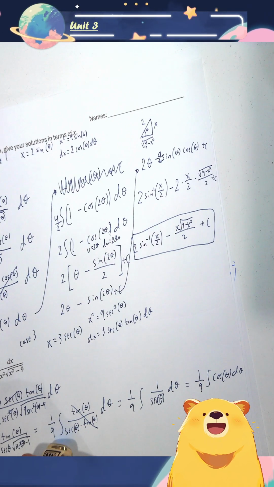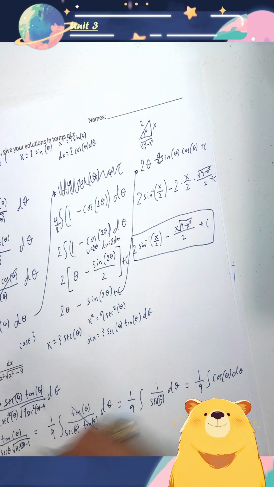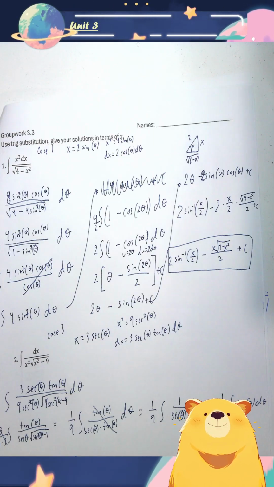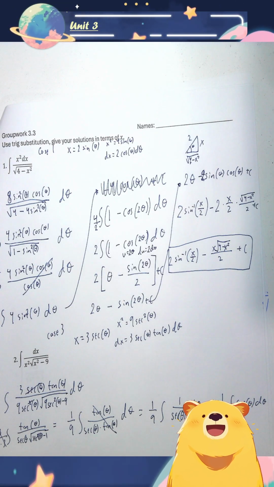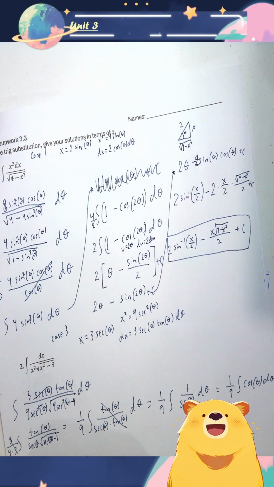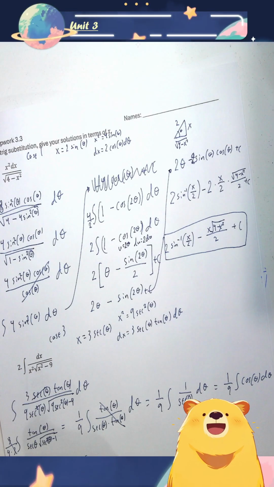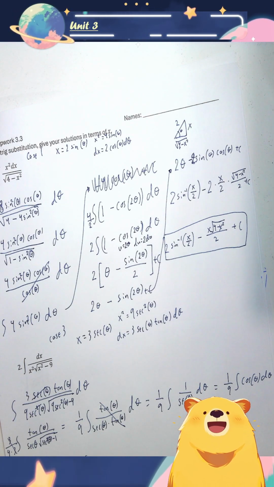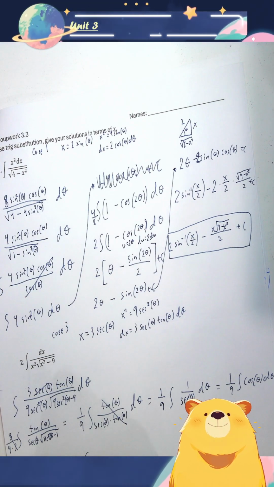Which, furthermore, is just 1 over 9 sine of theta plus c. Then from here, we need to figure out what sine of theta is. Originally, we were told that secant of theta is x over 3, so x is the hypotenuse and 3 is the adjacent.